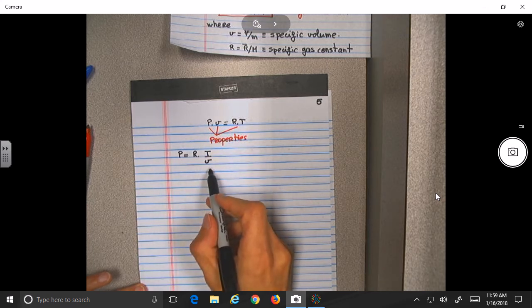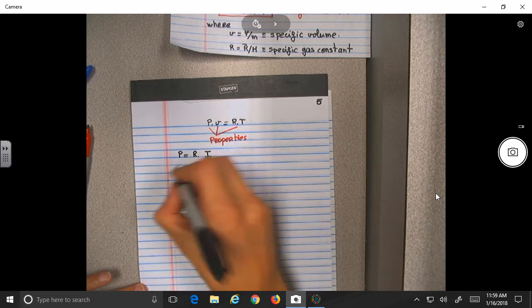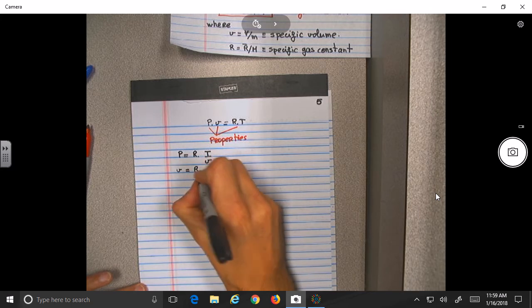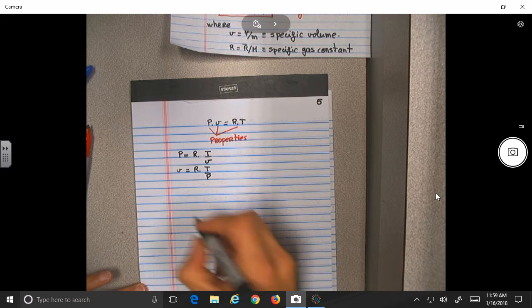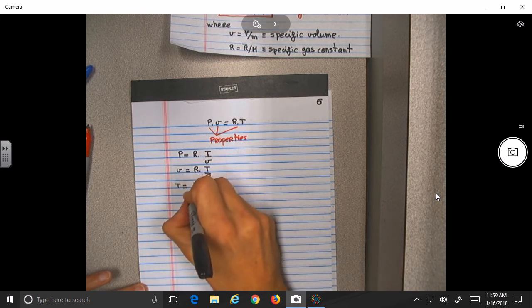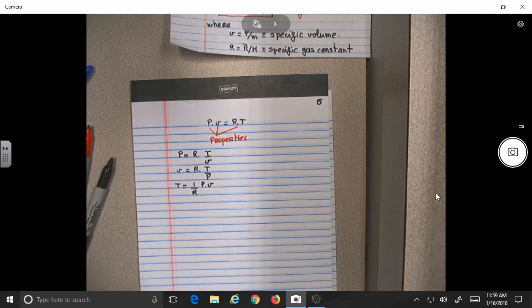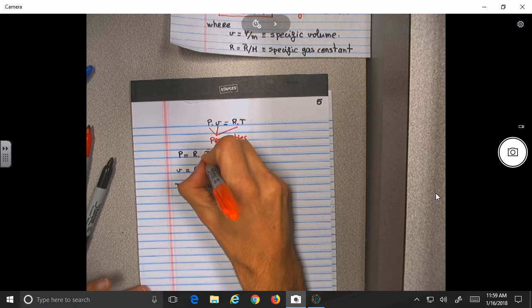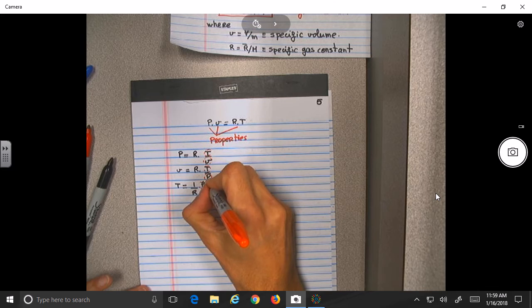If we want to know P, it will be RT over V. If we want the volume, it will be RT over P. And if we want T, it will be 1 over R times P times V. Which are our properties? This is a property, this is a property, and so on.